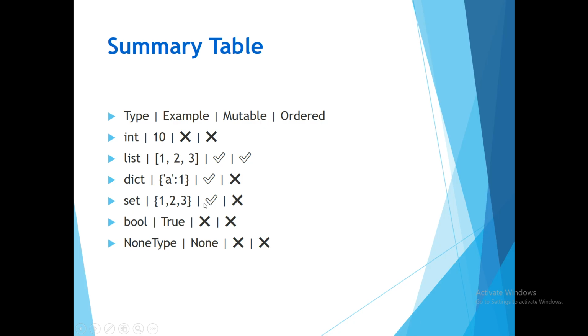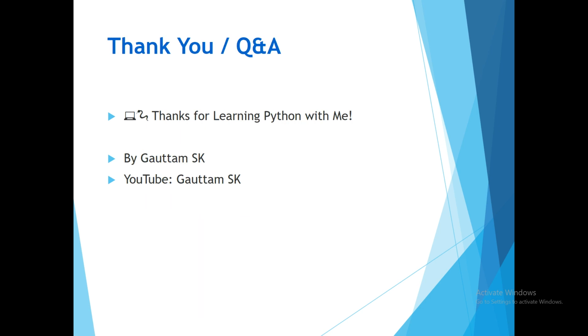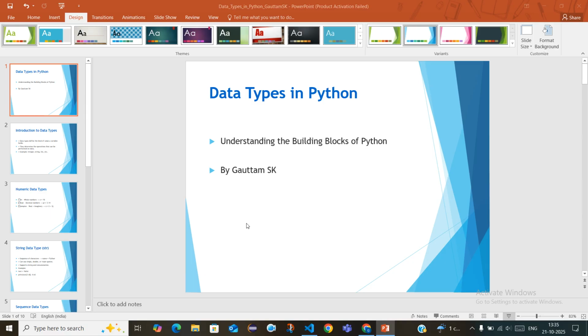Boolean is true, not mutable, not ordered. None type is a none value, not mutable, not ordered. So these are the data types we use in Python.